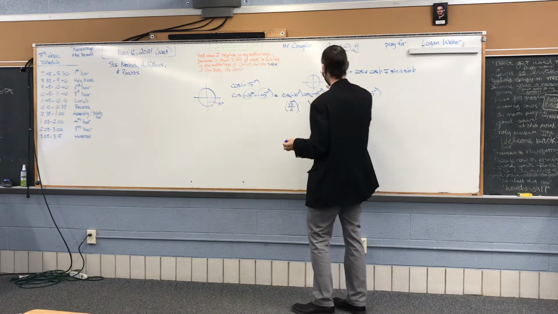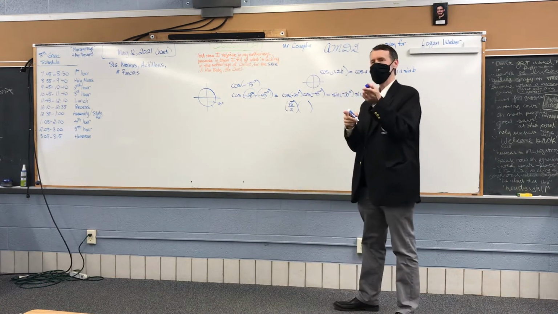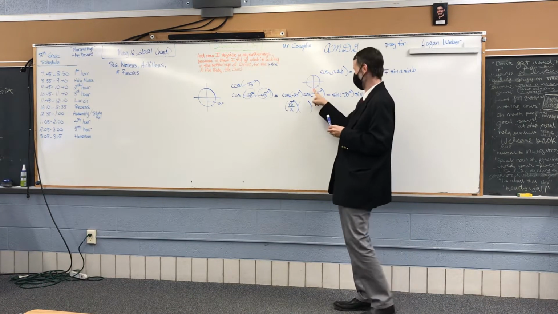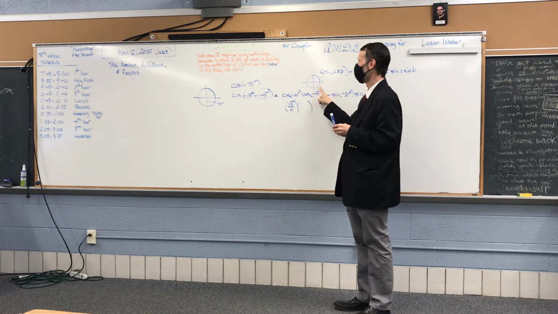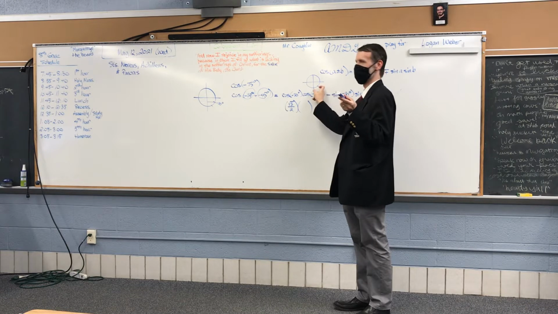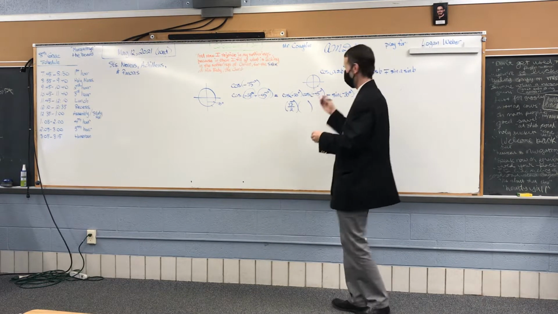Yeah, it's a multiple of 45. So what was that the same place as? Here's 270 if that helps. 300, that's 30 degrees over. 330 is 60 degrees over. 315. Very good.